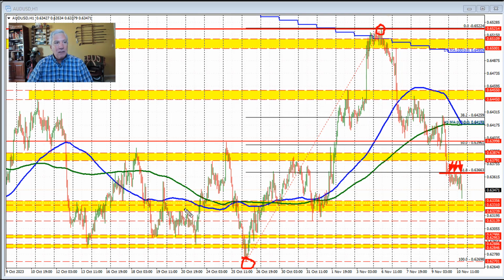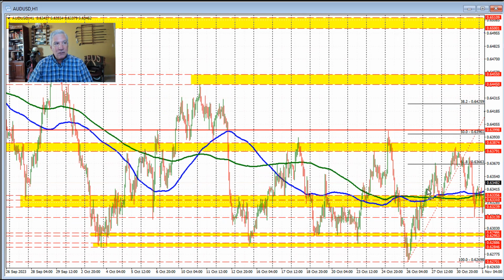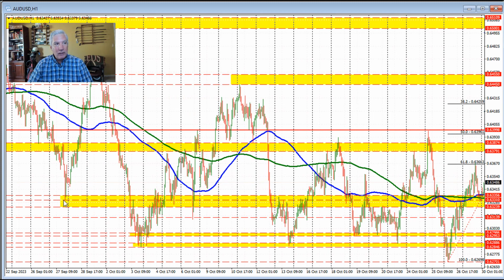Now, in this area right through here, we have a lot of different swing lows and swing highs. And when I look at these charts, I try to find common areas of support or resistance. You can actually go back in time all the way over here, where we found a swing low, moved higher, and then broke below that level.